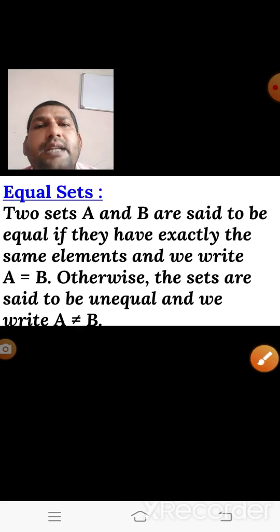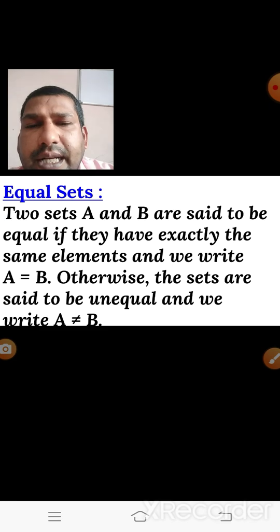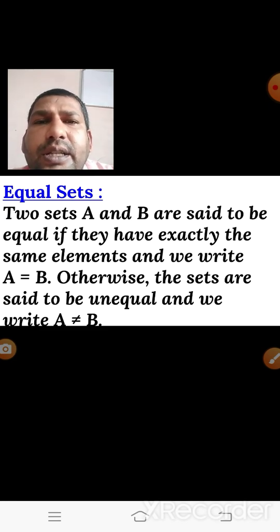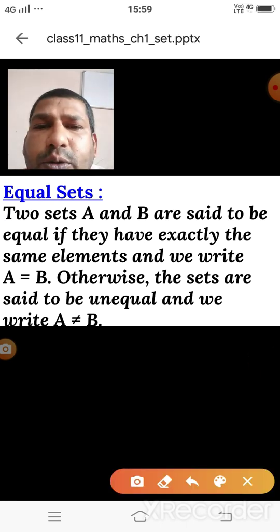Let us take one more: equal sets. Equal sets are those sets in which you are getting the same elements. If you are comparing any two sets and you are getting the same elements in those two sets, then we are calling those two sets equal sets. Go through the definition.